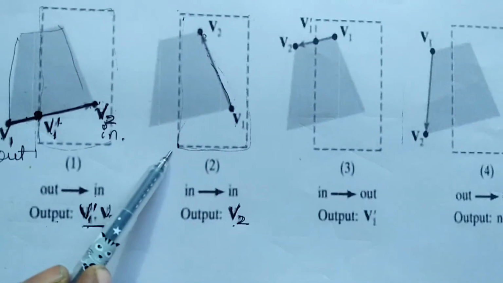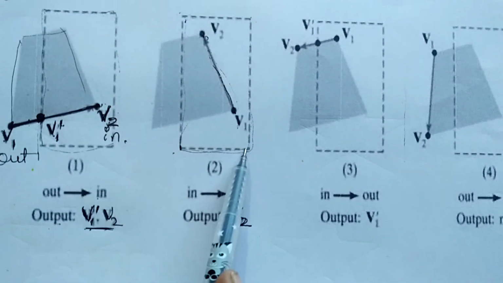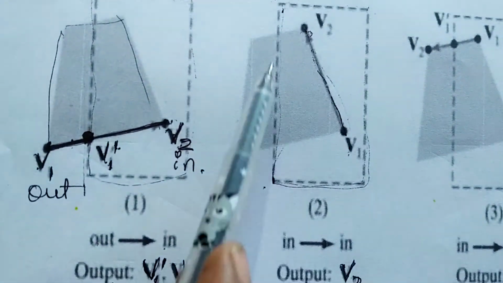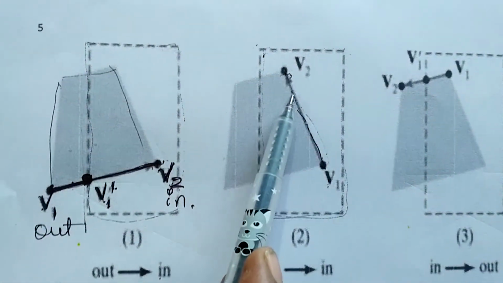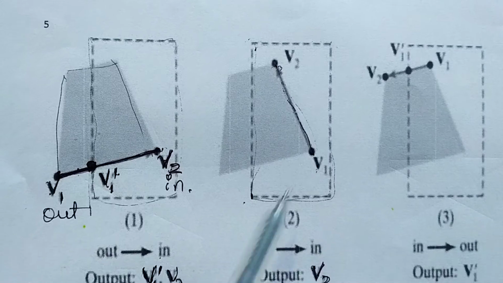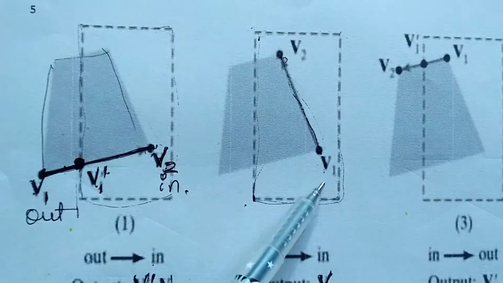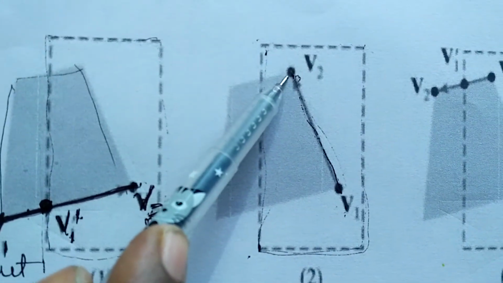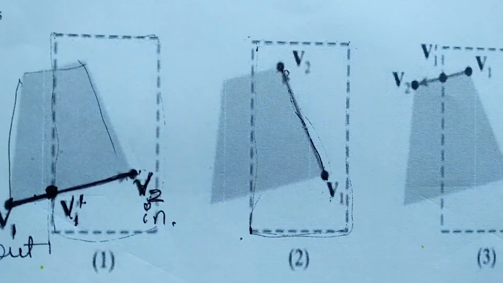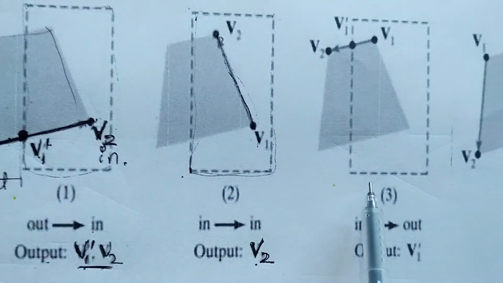So what is the second case saying? This is the polygon and this is the clipping window. Your polygon edge is completely inside the clipping window. In that case, among V1 and V2, we need to save only V2 in our output.